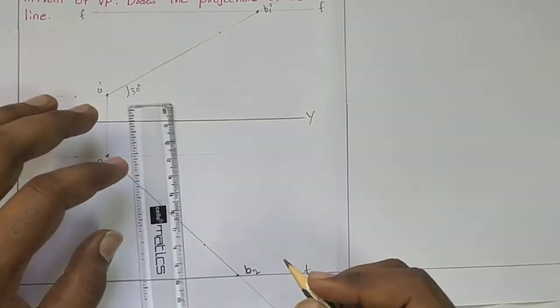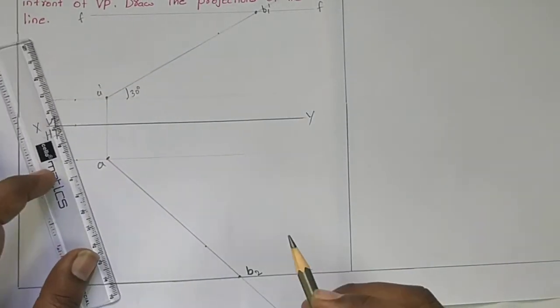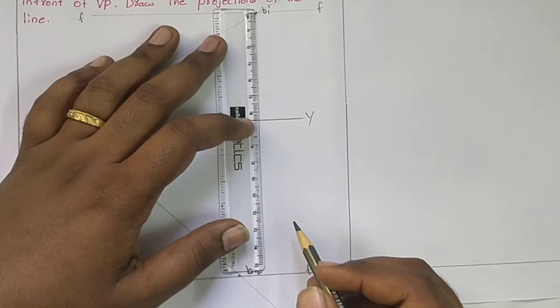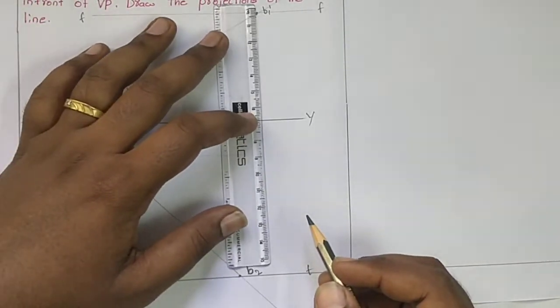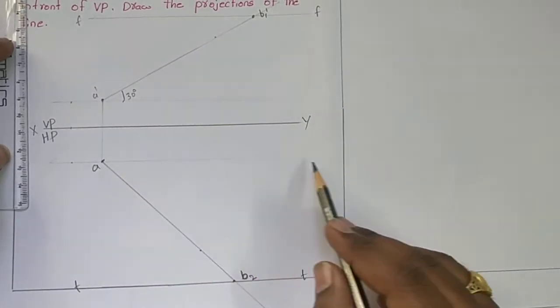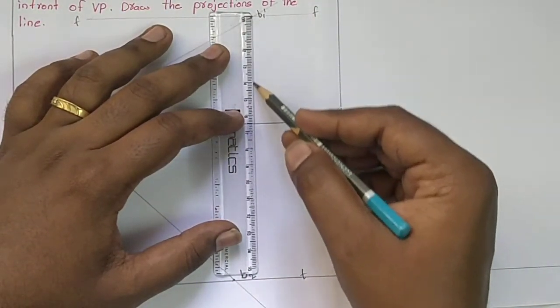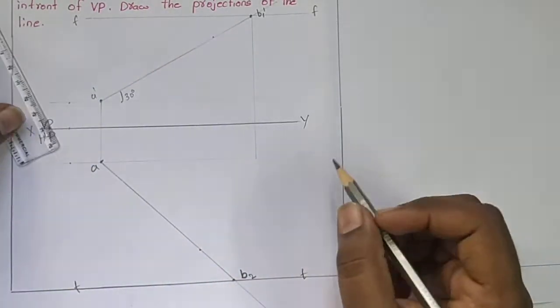After finding B1 dash and B2, first from B1 dash, draw the vertical projection up to the locus of A, perpendicular to XY.